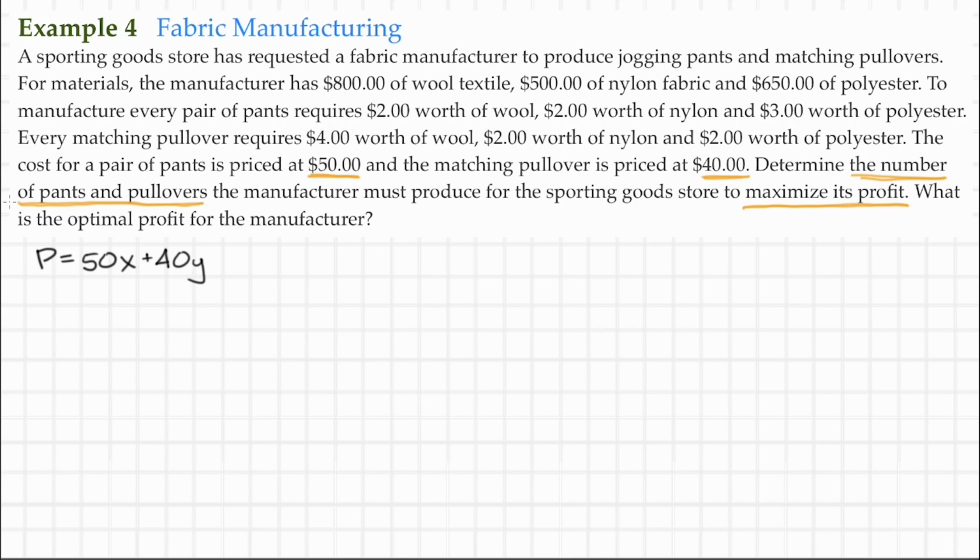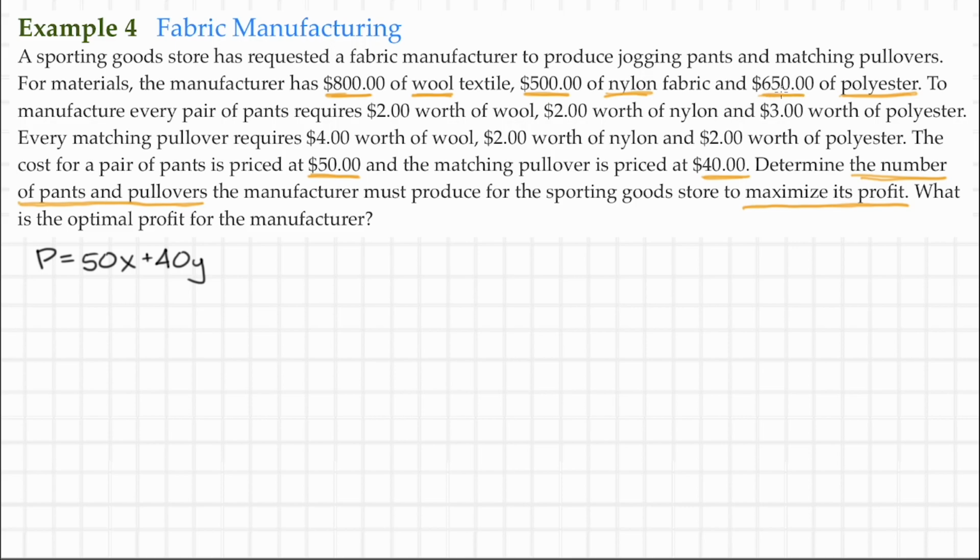And then for the rows, those are the items that interact with the variables. And that is the wool, the nylon, and the polyester. Of course, also in our rows are the totals. So we have $800 worth of wool, $500 worth of nylon, and $650 of the polyester.